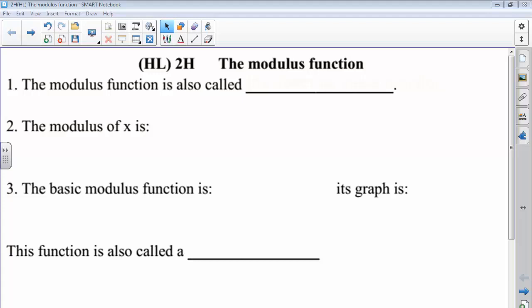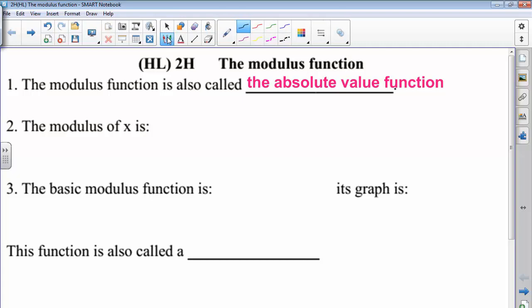What is a modulus? The modulus is another word for the absolute value. So the modulus function is also called the absolute value function. The modulus of x is, okay, let's look at what is the modulus of 5.